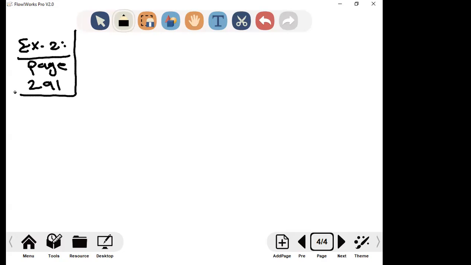In example 2, they asked us to solve negative 2y minus 7 equals 3. Now, where is the constant number here?